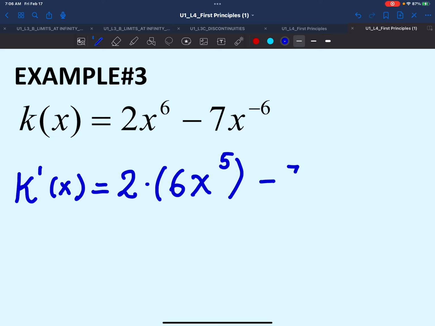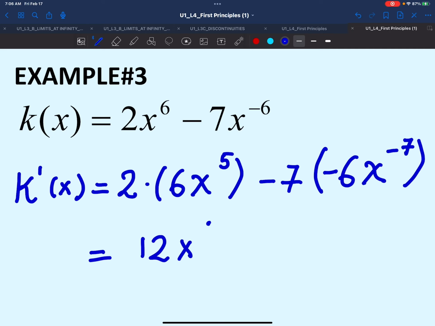And then minus 7. That stays the same. Negative 6 becomes the coefficient. And then x to the negative 6 minus 1, negative 7. And now we simplify. We have 12x to the power of 5. Minus 2 minuses will make a plus, 42x to the power of negative 7. This is k prime x.